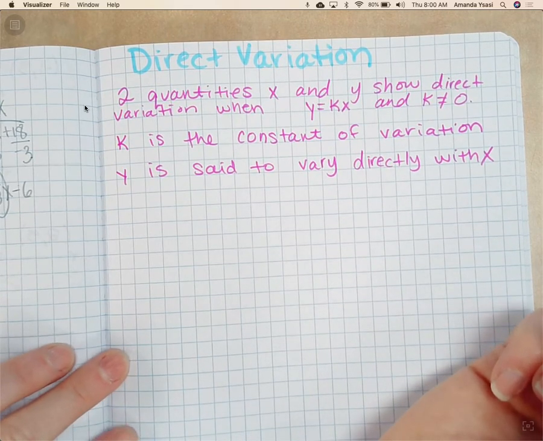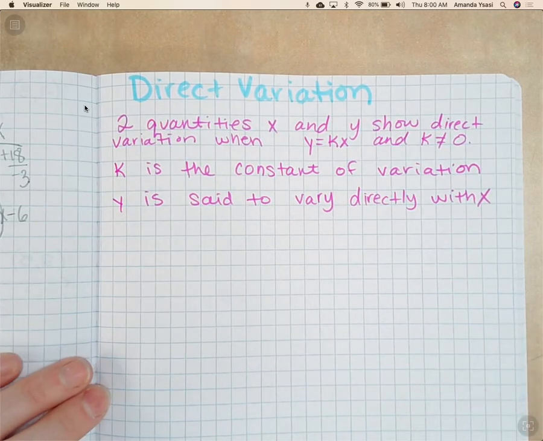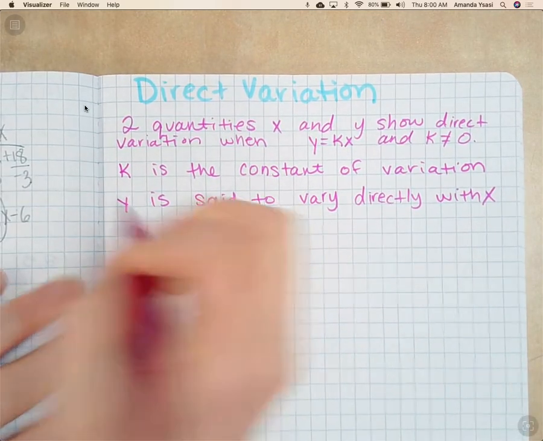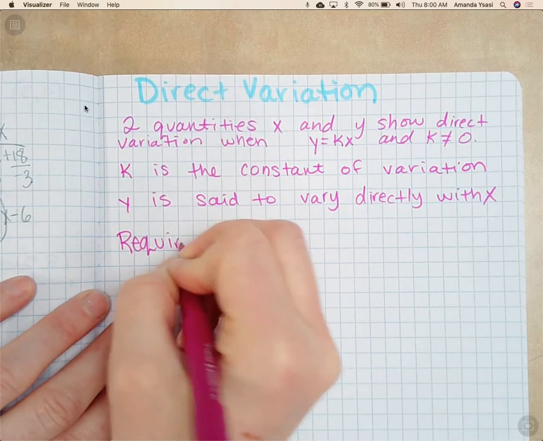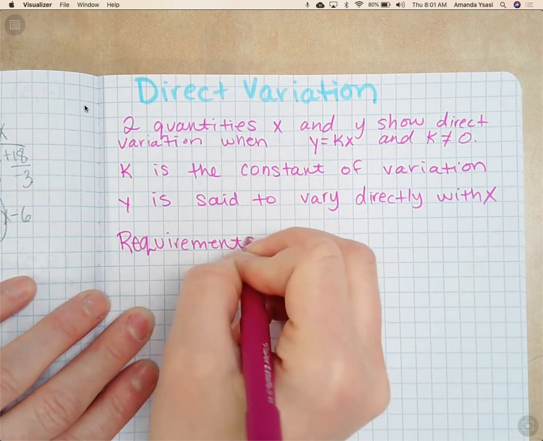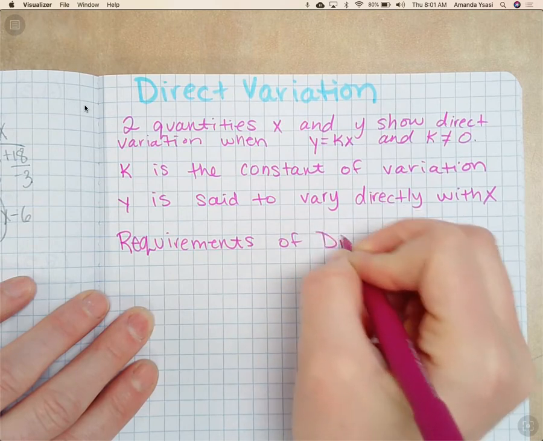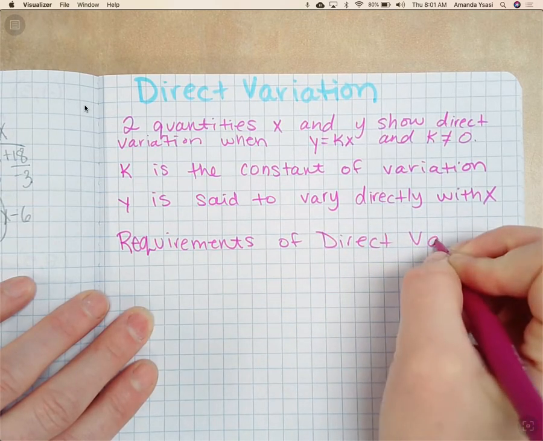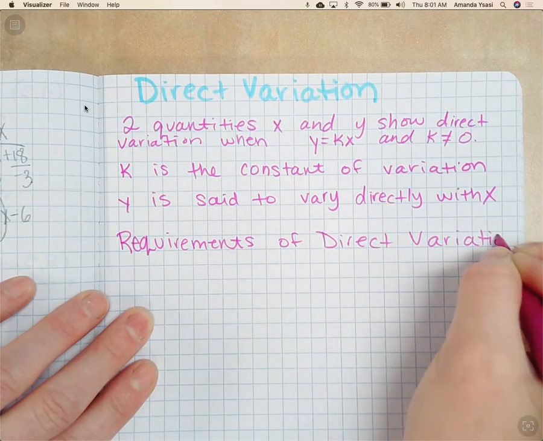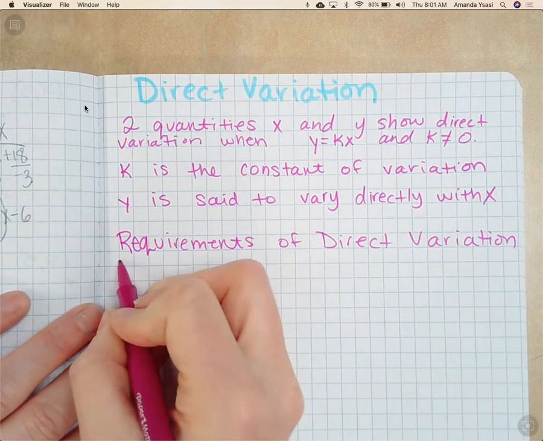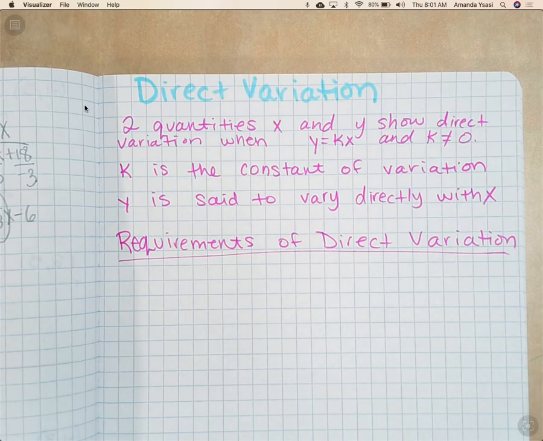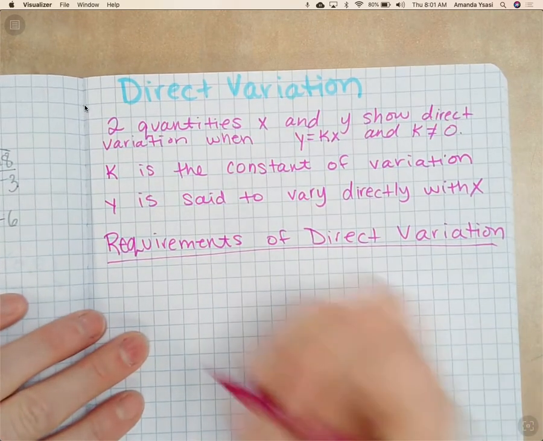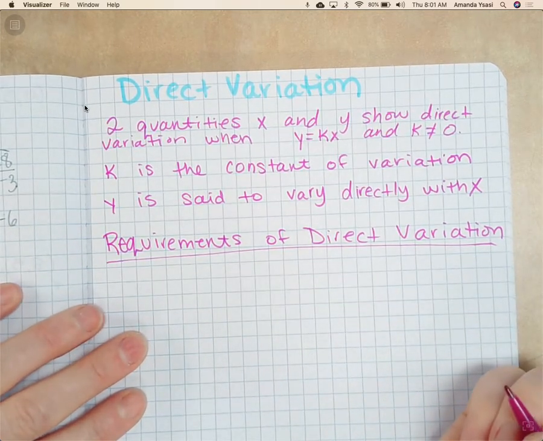Okay, so there are different requirements of direct variation. Whenever we talk about direct variation in a graph, that means that the line has to go through the origin.